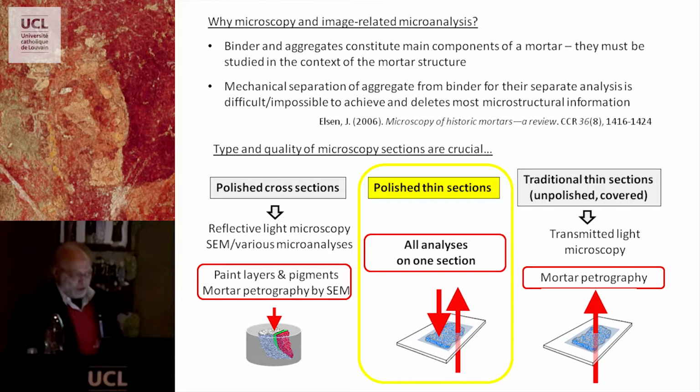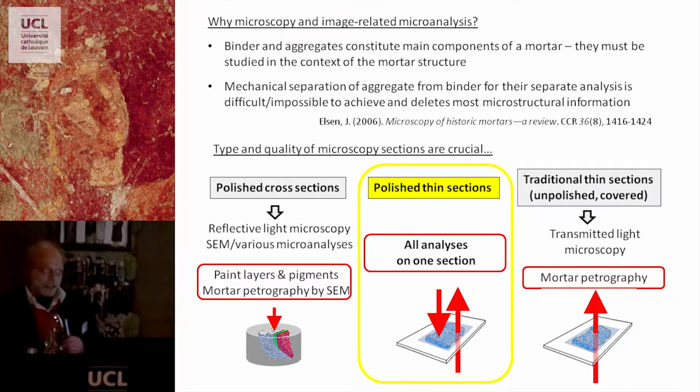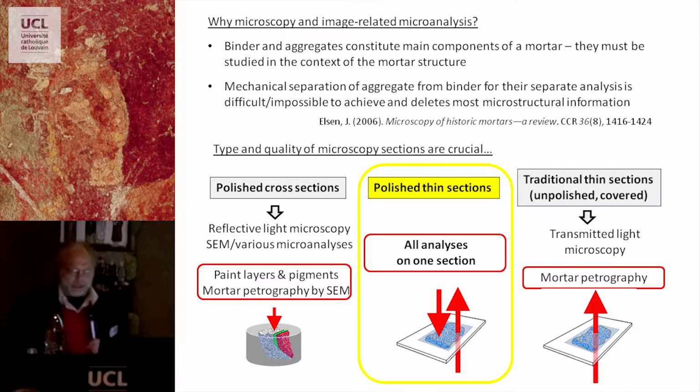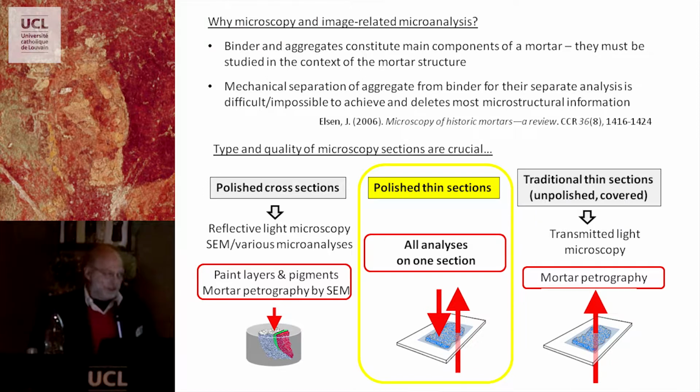Now, it's not only important to do microscopy, but it's important to have the best sample preparation. Many people work, of course, with polished cross sections, which we can study under incident or reflective light, and it's very useful for paint layers, for example.